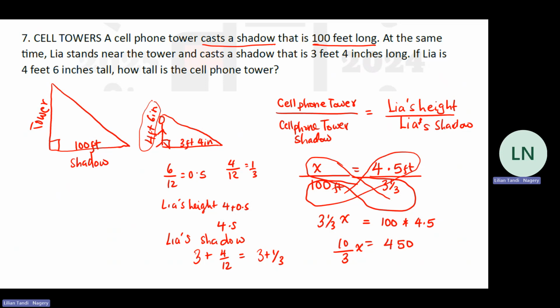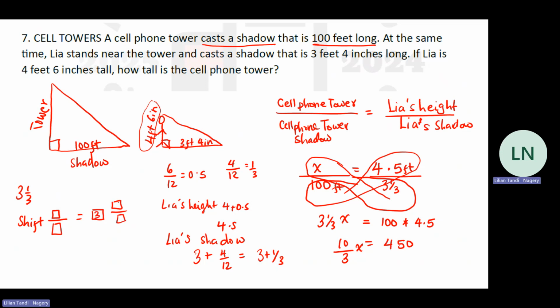Now, how did I get 10 out of 3? Put this in the calculator. How do we put this in the calculator? You press Shift, and then you press your fraction. Once you press your fraction, it will give you 3 boxes.